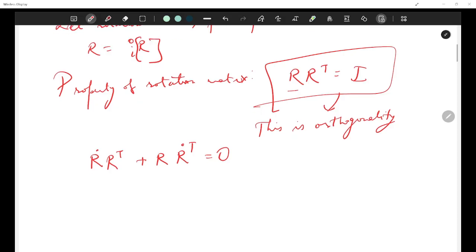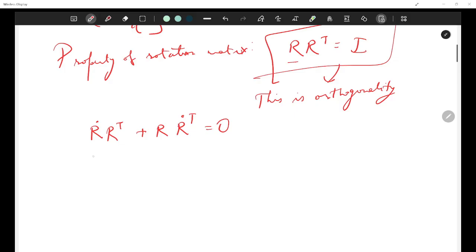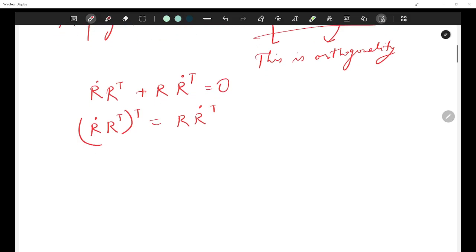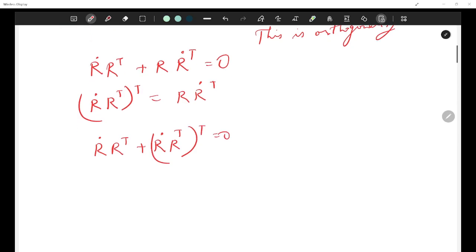Let's rearrange it by taking the transpose of the first term, so (Ṙ Rᵀ) transposed. The equation eventually becomes Ṙ Rᵀ plus (Ṙ Rᵀ)ᵀ is equal to 0. What does this mean?